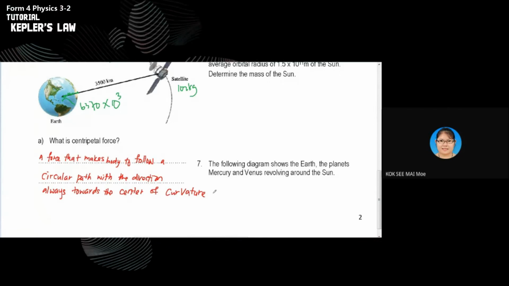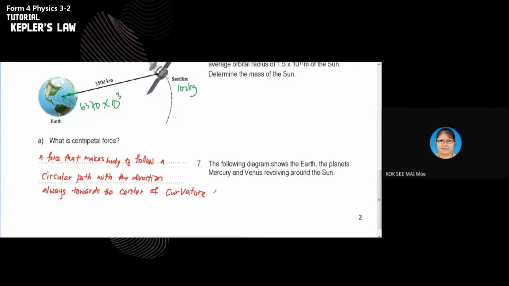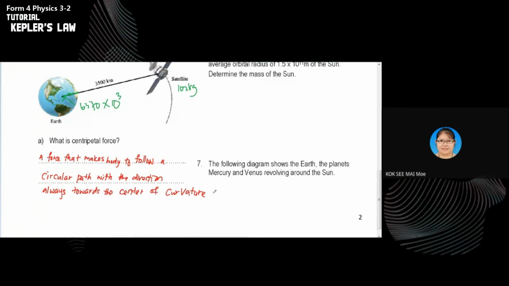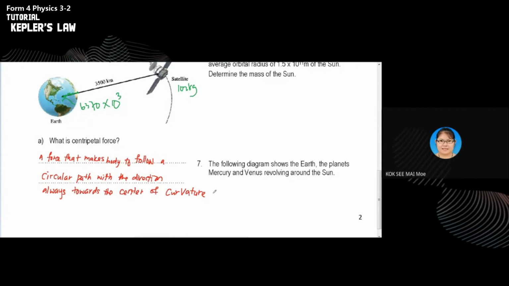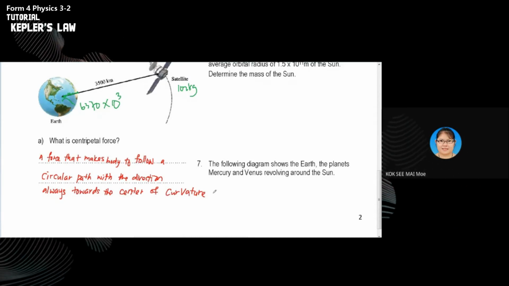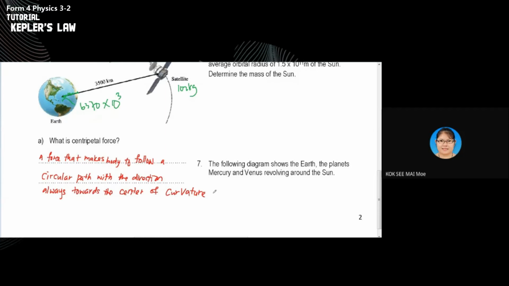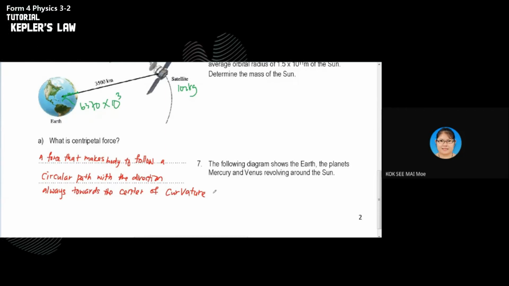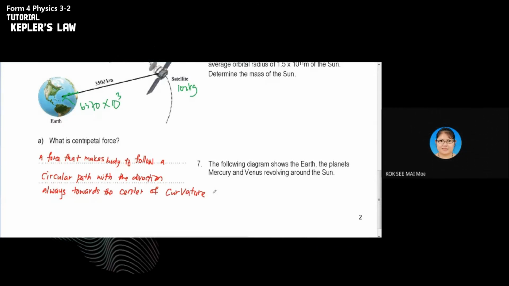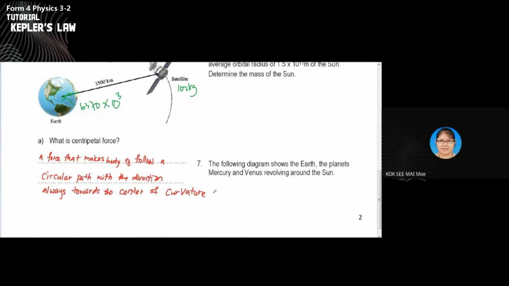A force that makes a body follow a circular path with the direction always toward the center of the curvature. Curvature means the center point. Okay, I finished copying. For the students, when you have finished copying, you see B.